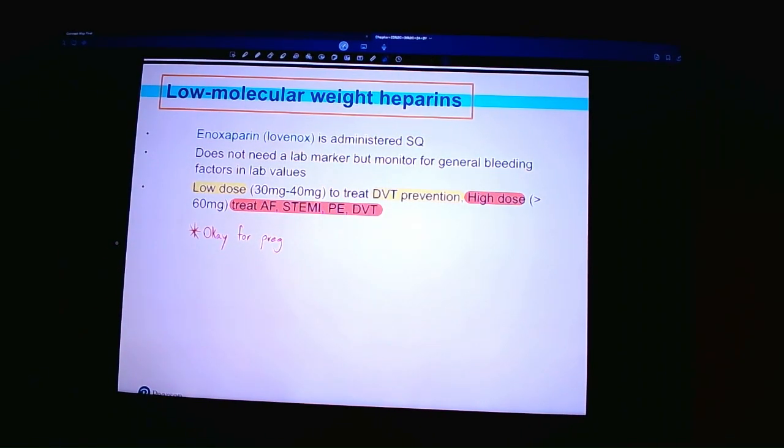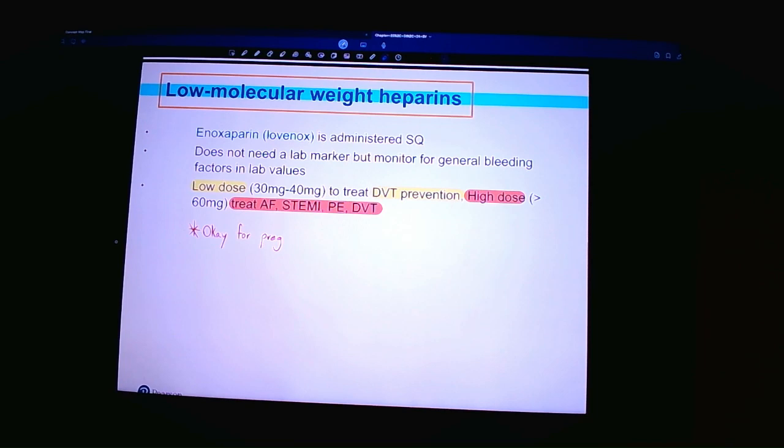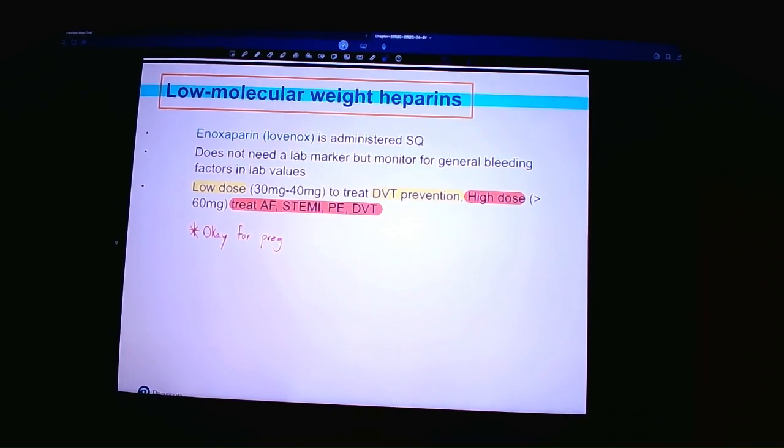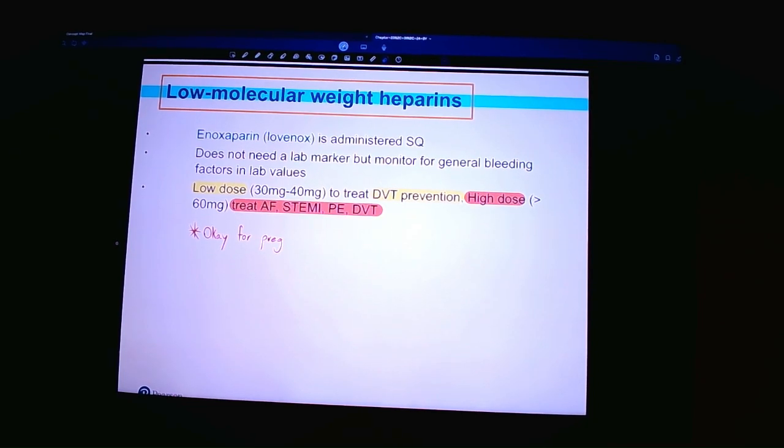Oh, look, there it is. There's a slide. So the reason enoxaparin comes up is because even though it's a lower molecular weight, I guess we could look at it as, because it's lower, it's a little sneakier, a little harder to get around. So heparin has a duration of about 8 to 12 hours, right?